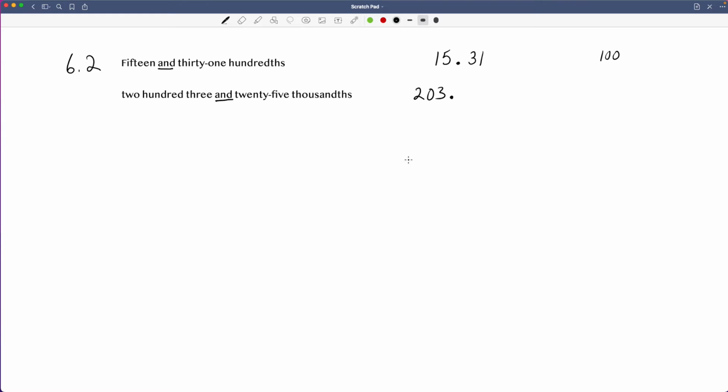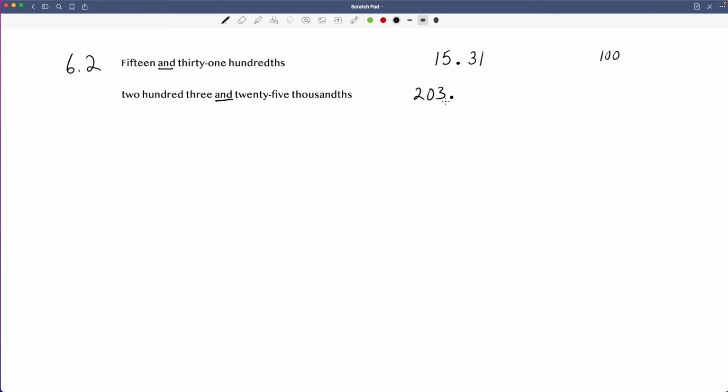But "and" does not mean this is a decimal, right? It represents where the decimal is, but the true meaning of "and" means addition. It means to combine whole numbers with part of a whole number. So that's what it technically means. We say it when we have the decimal point, but "and" is not the definition of the decimal point, all right? I know that's a little confusing right now, but as we go forward, you'll understand more of that.